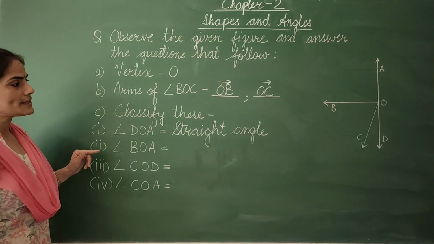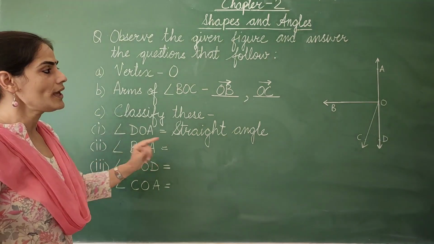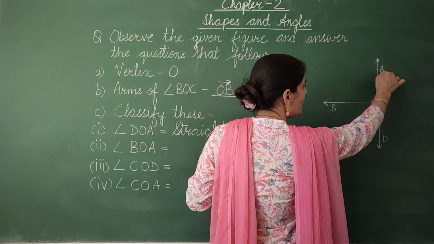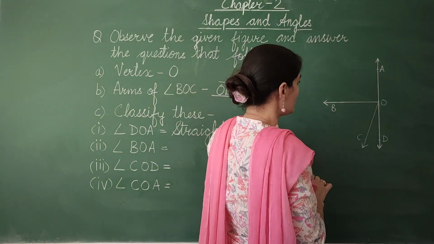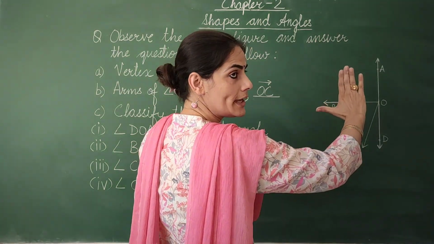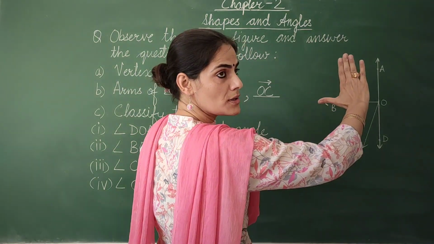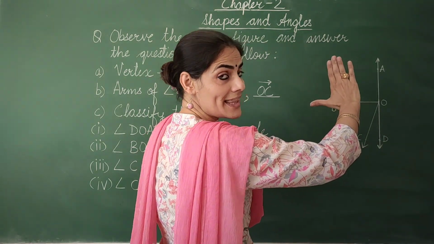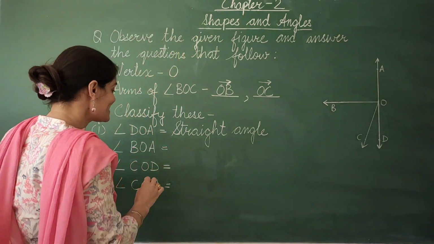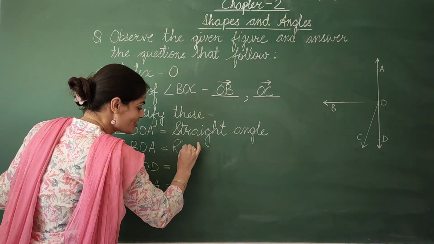Now, next is angle BOA. Where is angle BOA? Okay, BOA. And what do I see? That this angle BOA looks like the mirror image of letter L. That means, what type of angle is it? It is a right angle, children.